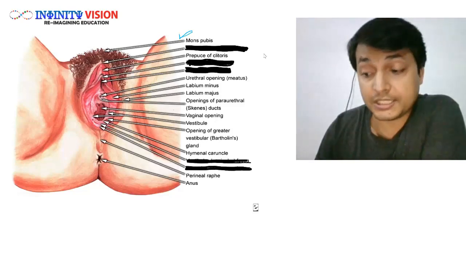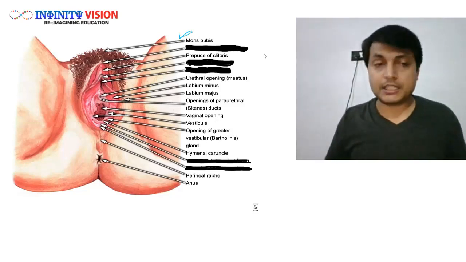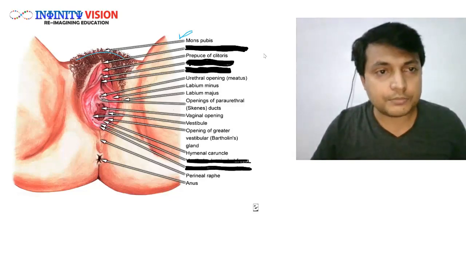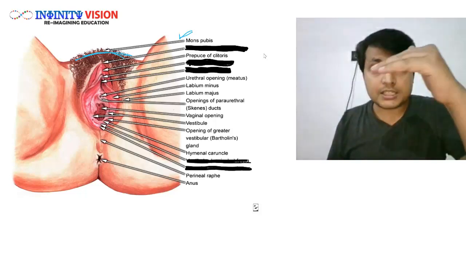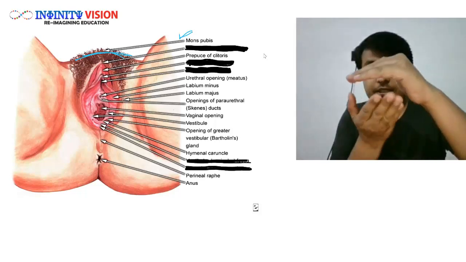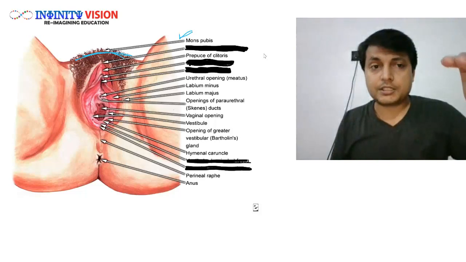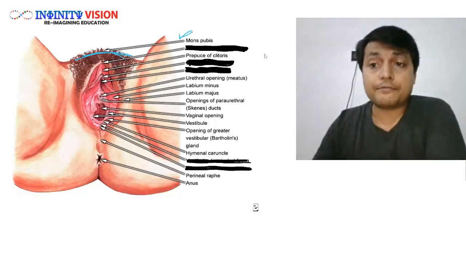Now what is this mons pubis? It is a raised surface. Can you see here? It is a raised surface, and this raising is because under this there is the pubic bone, and there is deposition of fat tissue.